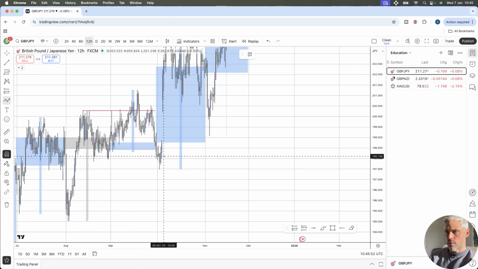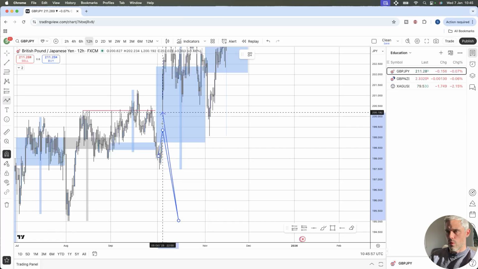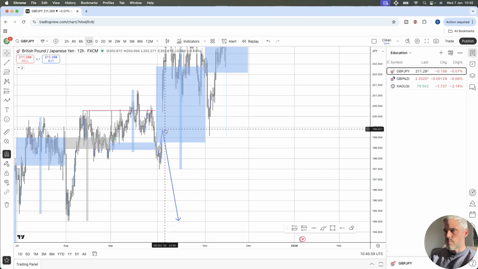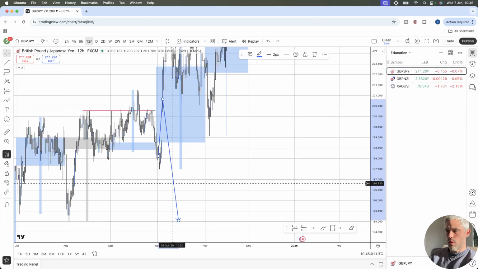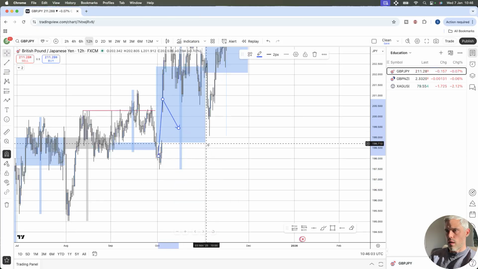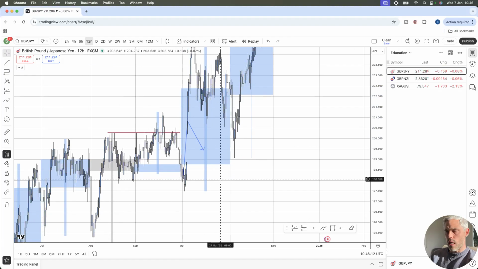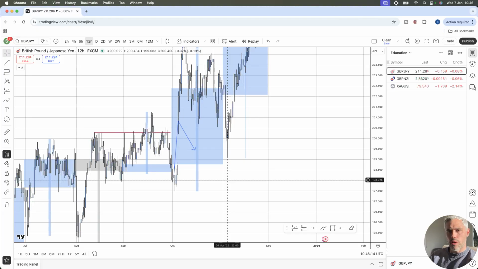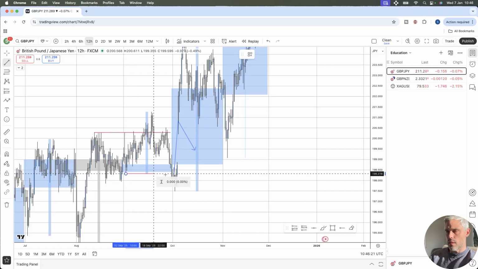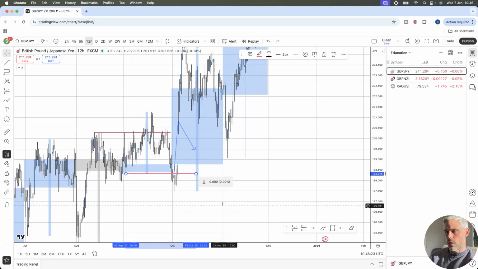It can respect this level and target the low, or it can break through this level and then probably break out of this candle's range, go higher, which is actually what ends up happening. But if it is to do that, it first needs to find a point of liquidity that makes sense for it to do that. And that's exactly what it did right here in liquidating this candle's low.